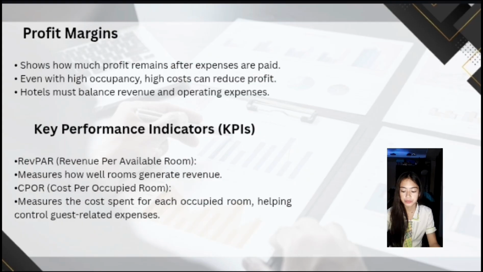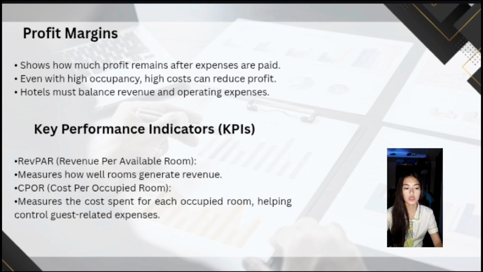So what is cost per occupied room? So for example, you have 60 occupied rooms.